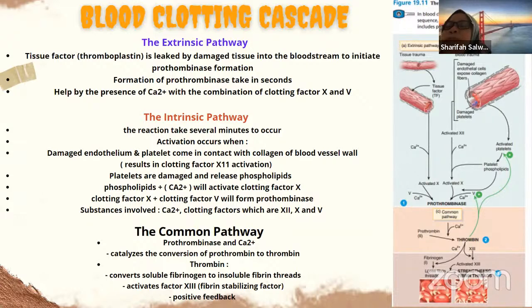For the extrinsic pathway, tissue factor, which is thromboplastin, is leaked by damaged tissue into the bloodstream to initiate prothrombinase formation.